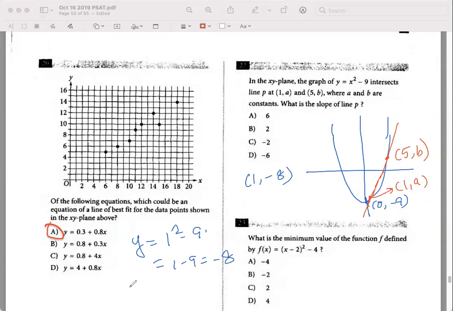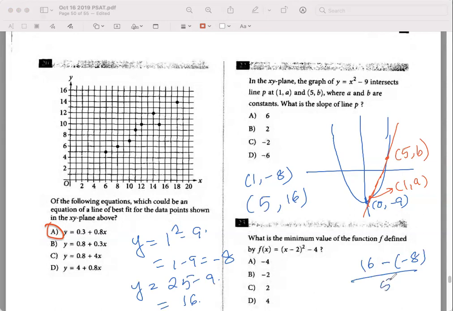And when x is 5, then y would be 5 squared, 25, minus 9, which is 16. So the other point is 5, comma 16, which lies on the line. So the slope of the line would be 16 minus negative 8 over 5 minus 1, which is 24 over 4, which is 6. So the slope of the line is option A.